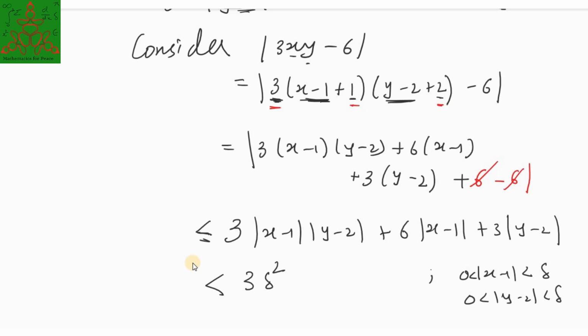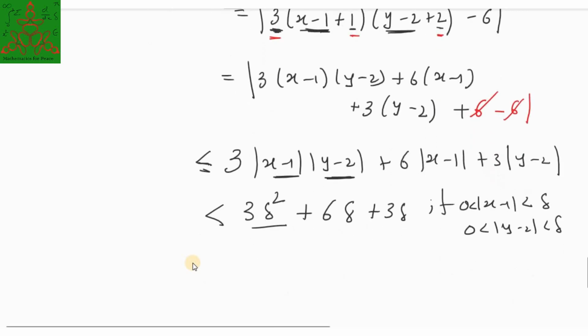If this condition is true, then each of these is less than delta, so that's why it is 3 delta square plus 6 delta plus 3 delta. Now here you cannot say this is equal to epsilon, because we have trouble with the delta square.